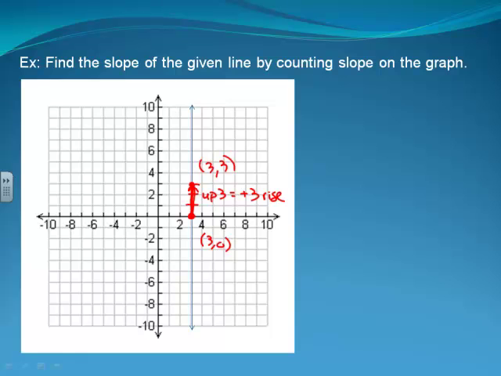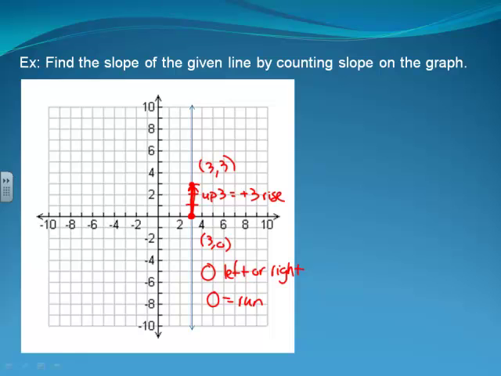But when you go from the lower point to the upper point, you don't move left or right at all. So you have 0 left or right. And so therefore, you have 0 equaling your run, because you don't move left or right at all.